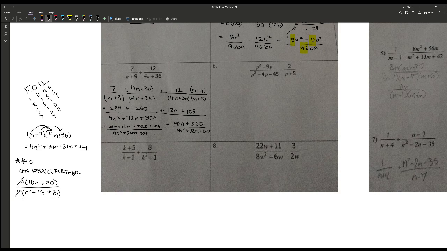Once again, 4 and 4 cancel, so you get 10n plus 90 over n squared plus 18n plus 81. Okay, that's as reduced as you can get it.